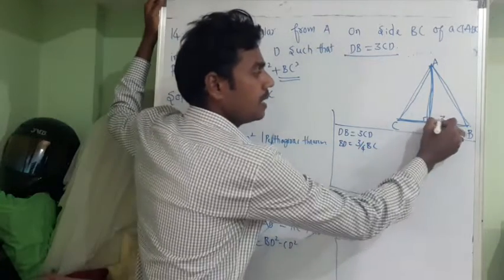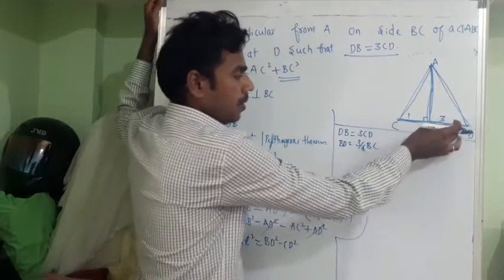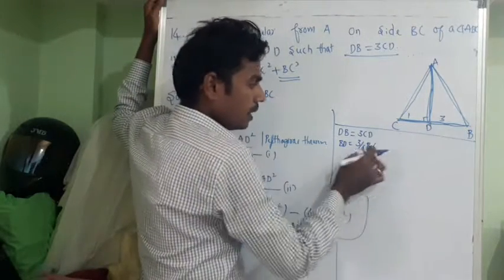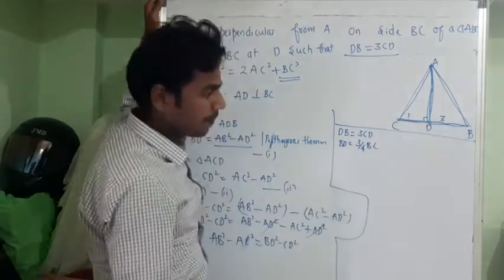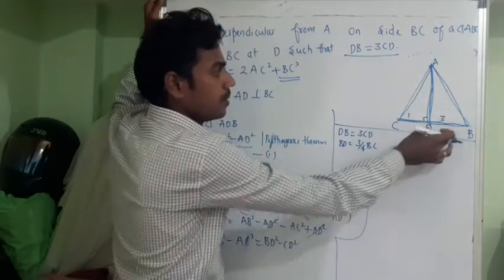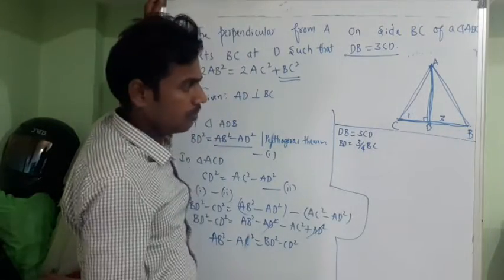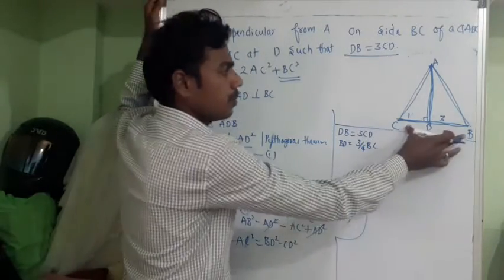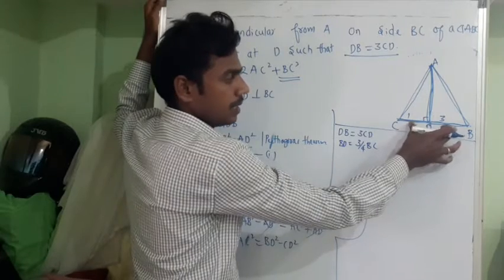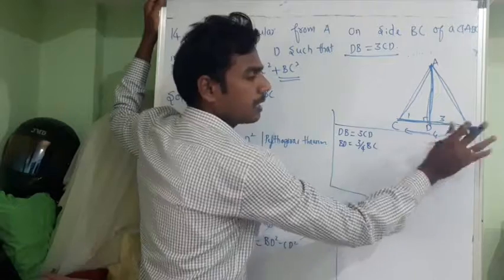This will be 3 parts and this will be 1 part. Total 4 parts. DB is equal to 3 times CD, so 3 plus 1 gives 4. This 4 is nothing but BC.